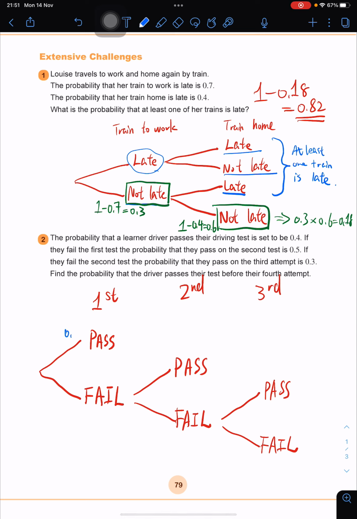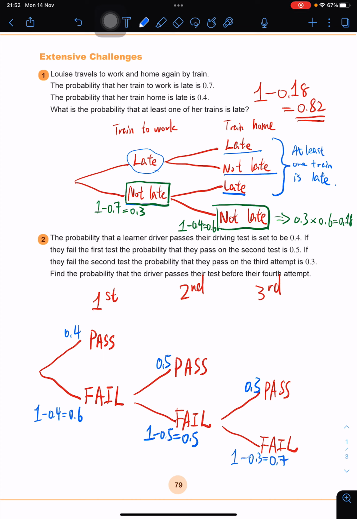The first pass is 0.4, so fail is 1 take away 0.4, that is 0.6. After that, we have 0.5, and the failing probability is 1 take away 0.5, that is 0.5. Then pass on the third time is 0.3, so the failing probability is 1 take away 0.3, that is 0.7.